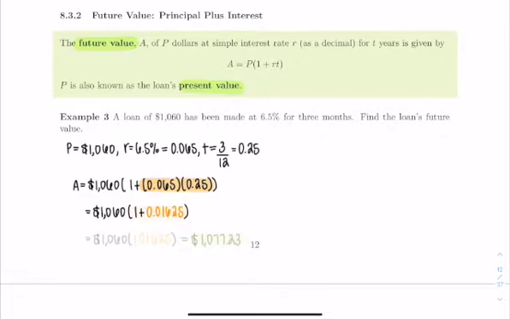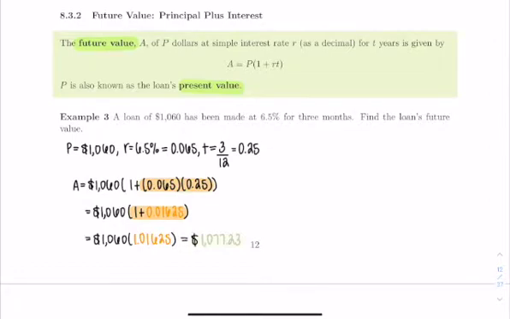Now that we've simplified that, we want to do one more simplification inside our parentheses, and that's adding the 1 and the decimal we just found together. So we have 1,060 times 1.01625.